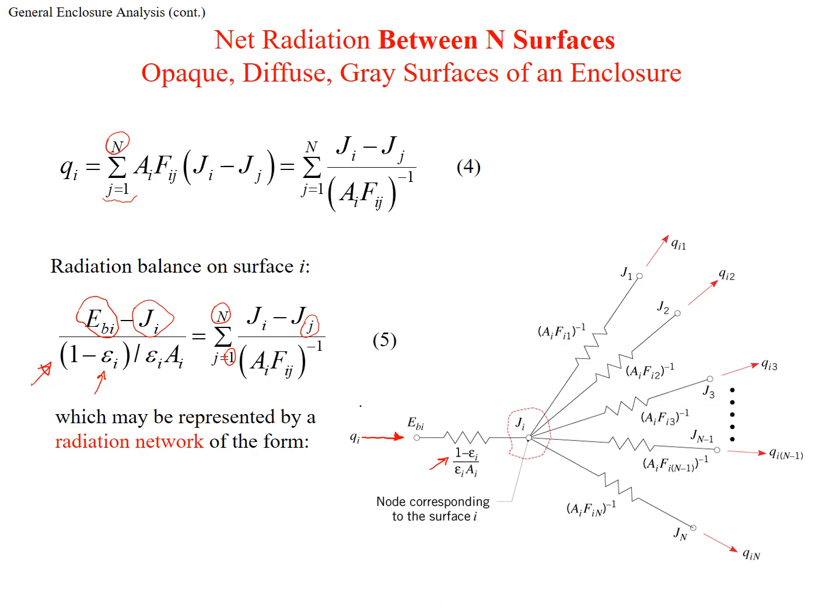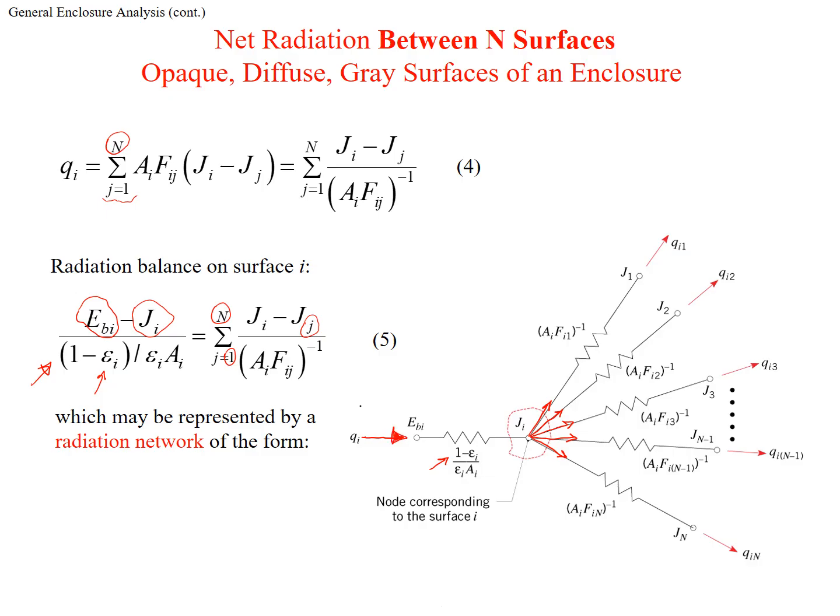So depending on the view factors, some of it goes here to surface i1 or surface 1. Some of it goes to surface 2, some of it goes to surface 3, some of it goes to this n-1 surface, some of this goes to surface n. So depending on your view factor, your net radiation from surface i is split into all these different smaller currents. But the total current, or the net radiation from surface 1, is the one that you see here.